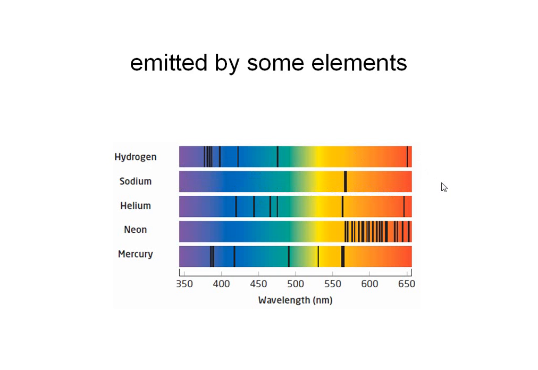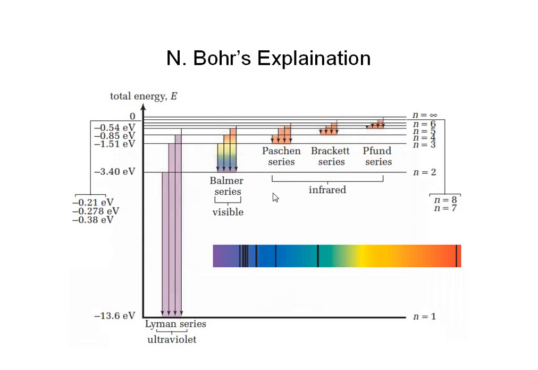Okay, then let's see how light is produced. You studied this in the chemistry unit. For example, this is a hydrogen element. This is Niels Bohr's explanation. You know Niels Bohr, right? You know the Bohr-Rutherford diagram for atoms.